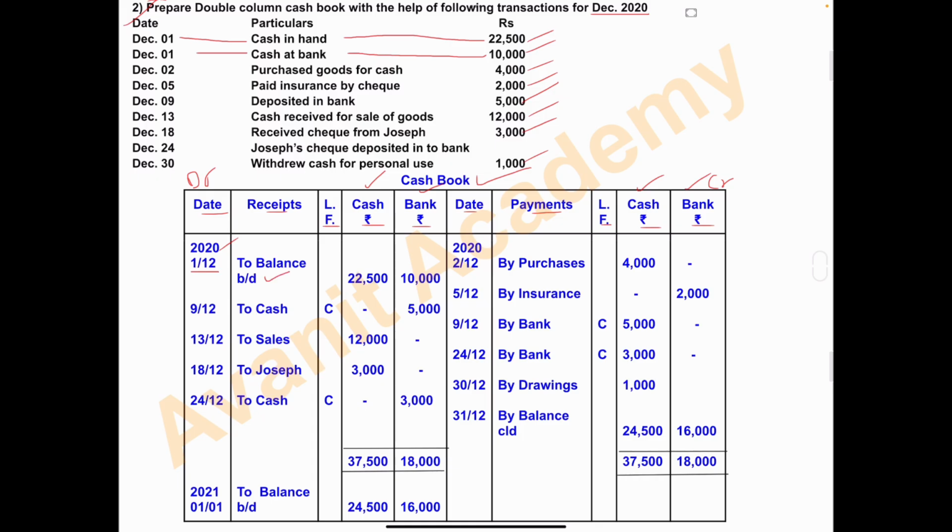Cash in hand, that is cash balance is 22,500, write in cash column, and cash at bank balance is rupees 10,000, write in bank column, rupees 10,000. So first we have to take the cash balance and bank balance on the debit side of the cash book. So first transaction is completed.